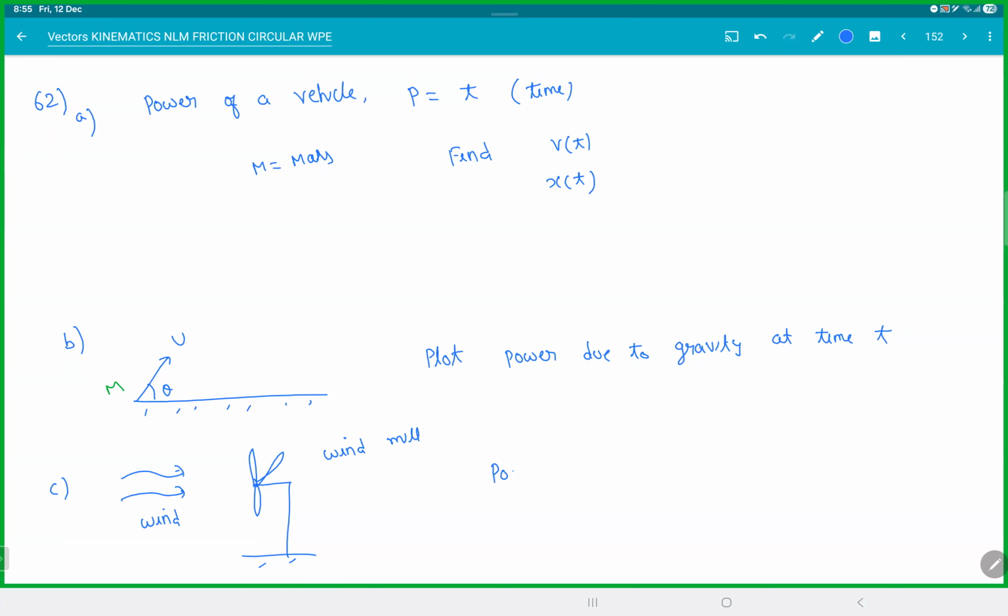The power generated by the windmill is proportional to V power n. Find n. Proportional to speed of wind whole power x. Find x.